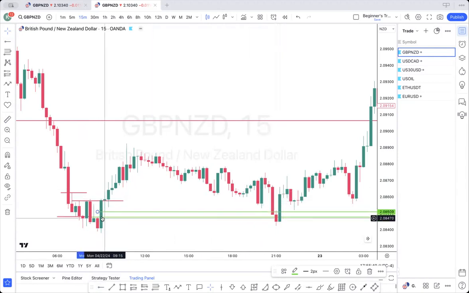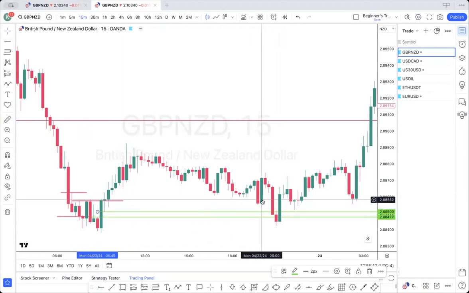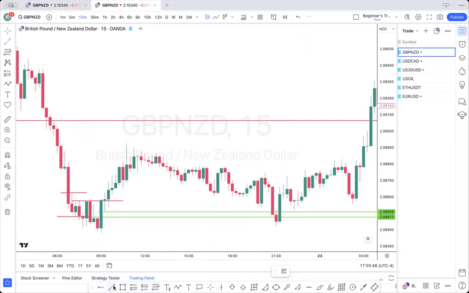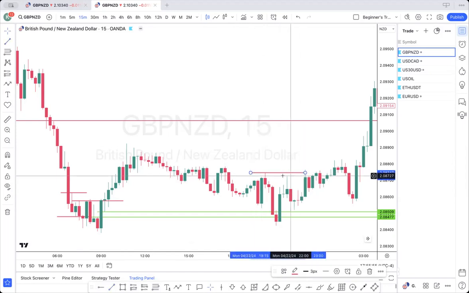If you miss this move, then you can wait for price, because here's your next swing high. You can wait for price to break that high for the pullback to some type of imbalance or order block.